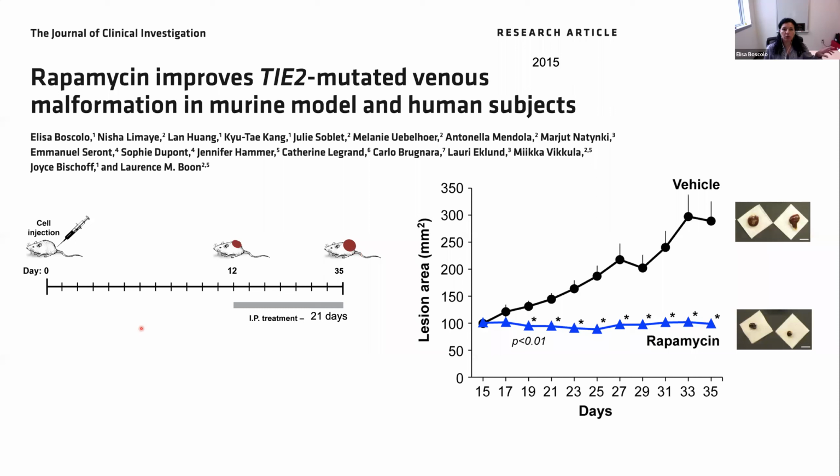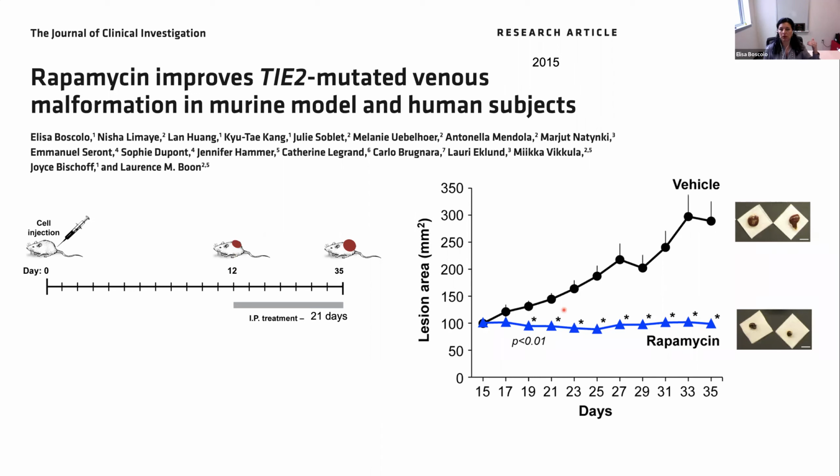With the xenograft model for venous malformation, we've also been able to perform studies to look at the effect of different drug treatments. While this now seems kind of surpassed data, at the time it was very important for us that we studied, in conjunction, a Tie2 inhibitor and rapamycin, and found that rapamycin was giving us an effect much better than Tie2 inhibitors. We injected the cells, let the lesion form, and then treated for 21 days.